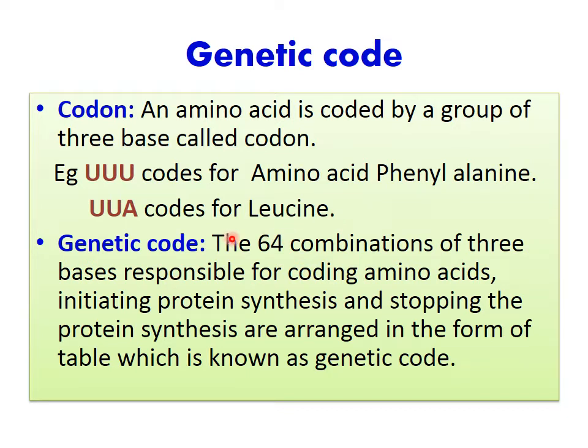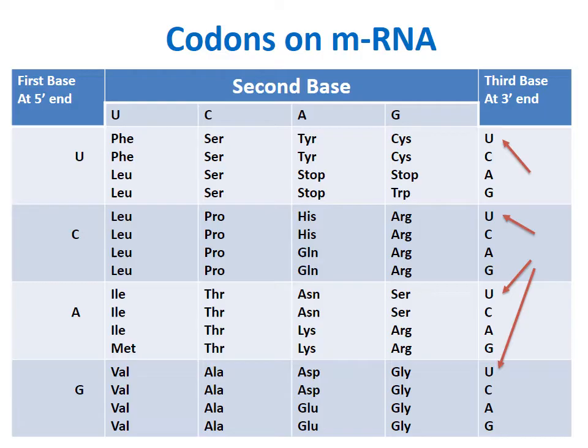Now, what is genetic code? The 64 combinations of 3 bases which are responsible for coding different amino acids, for initiating protein synthesis and for stopping protein synthesis are arranged in the form of a table. This is known as genetic code.